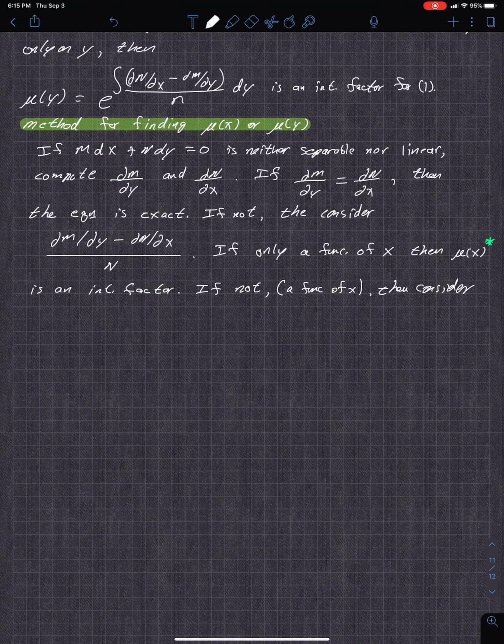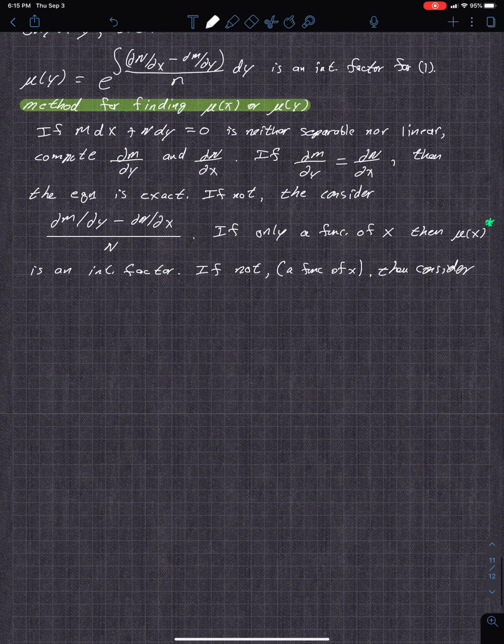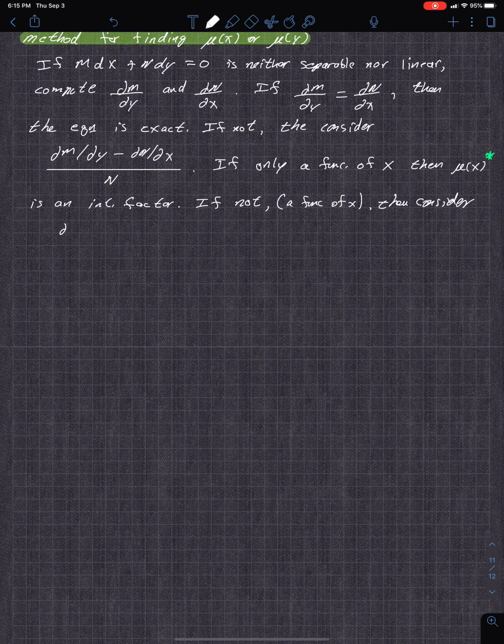Consider the other case: partial N with respect to x minus partial M with respect to y, over M. If it's only a function of y, then mu of y is an integrating factor.